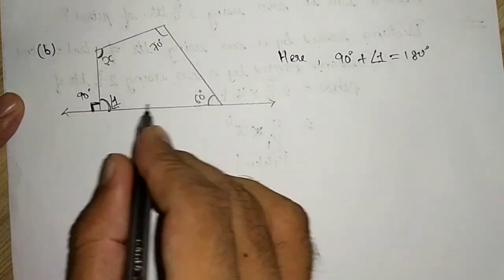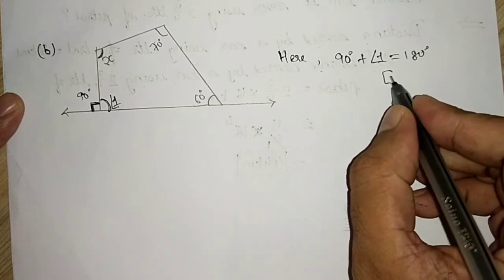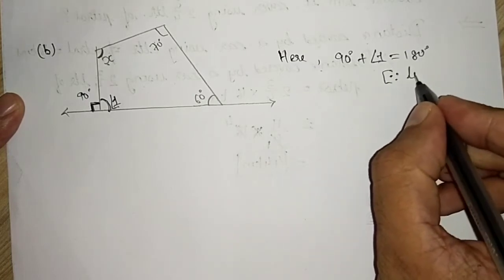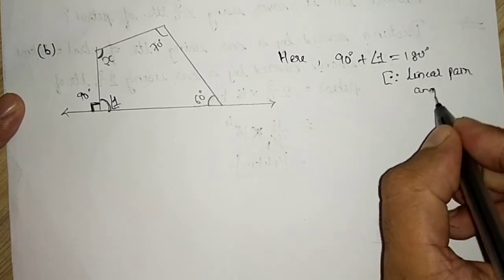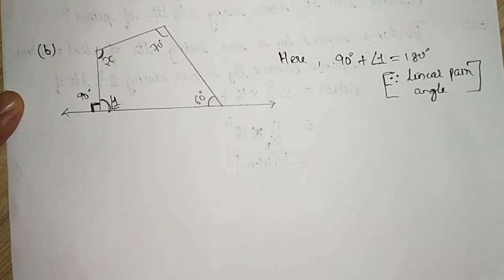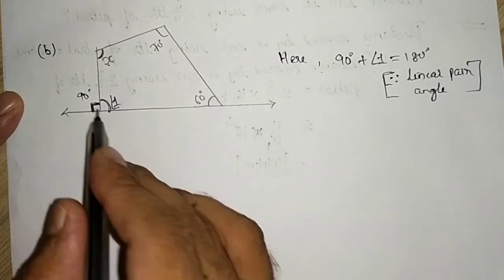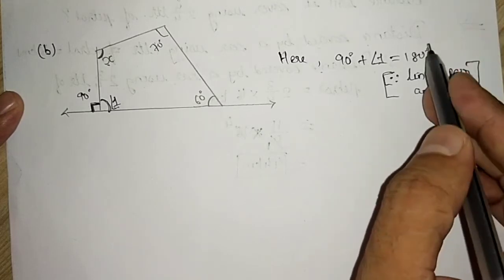It must be a straight line, then only. Therefore, here we will write, because of the linear pair of angles. This we have studied in 7th standard also. The angles in a linear pair are supplementary. Supplementary means 180 degrees.